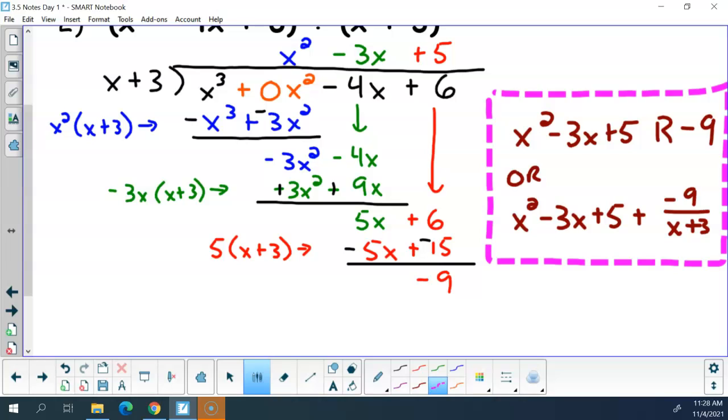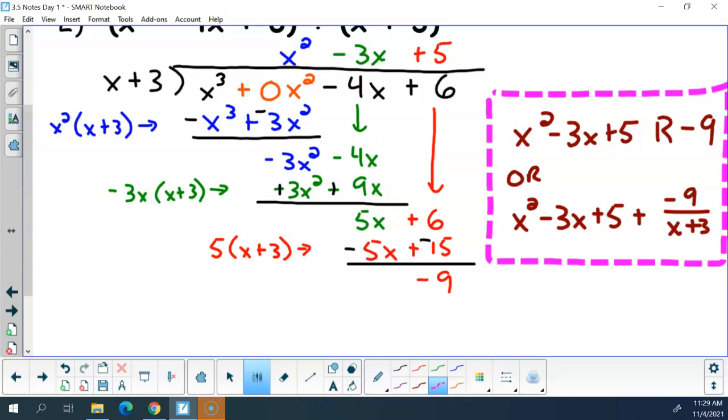Okay? Now, on Monday, we'll learn an easier way. Why are we learning that way? Listen to the entire statement before you yell at me. We're going to learn synthetic division. The problem with synthetic division is it only works if you are dividing by a linear factor.